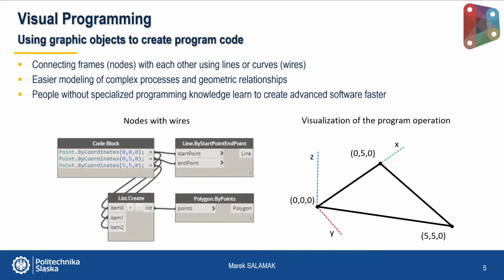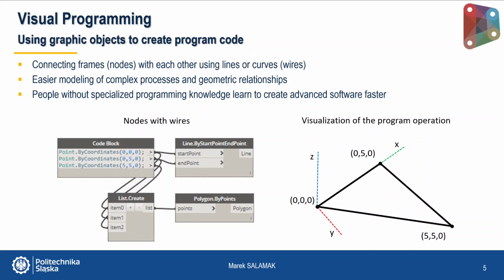Programming work usually consists of joining together frames or other graphic objects that are treated as entities. Connections between them, usually in arrows, lines, or curves, represent relationships between frames. The use of visual programming languages allows for easier modeling of complex processes and geometric relationships.